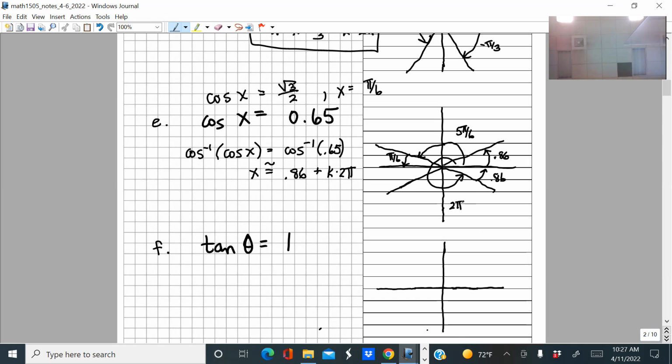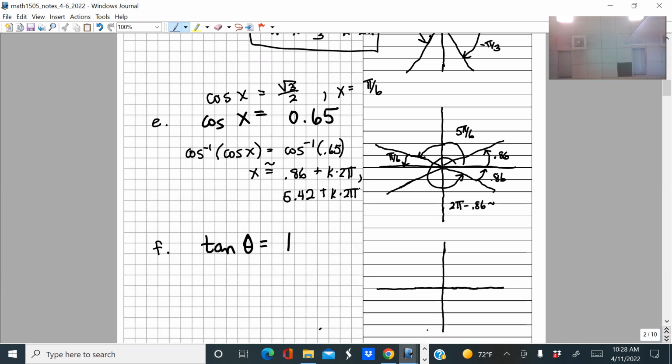It's 2 pi minus 0.86 approximately, which is, how much is 2 pi minus 0.86? 5.42. I think that is right. Sounds right to me. So about 5.42 radians plus, again, any multiple of 2 pi, okay?